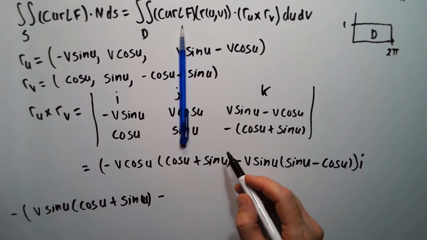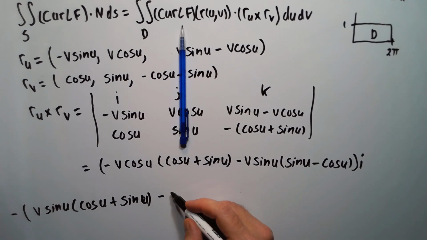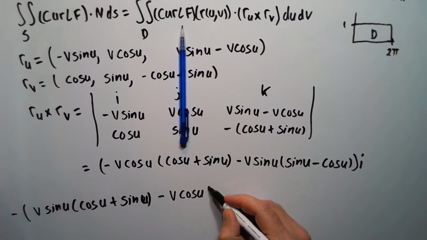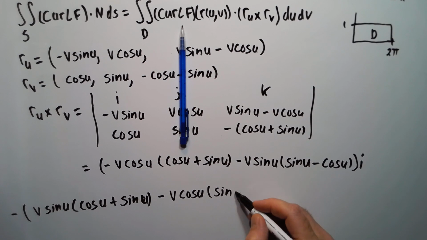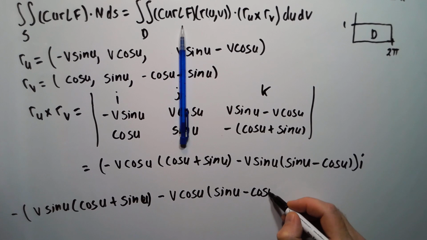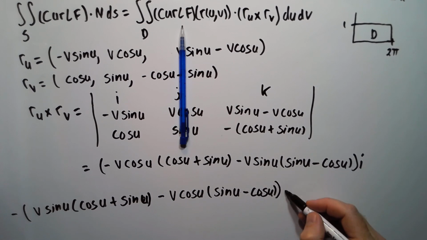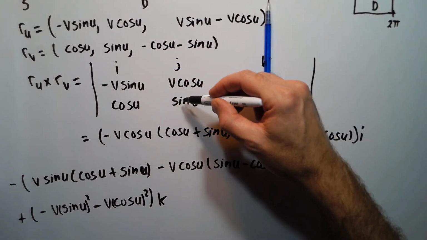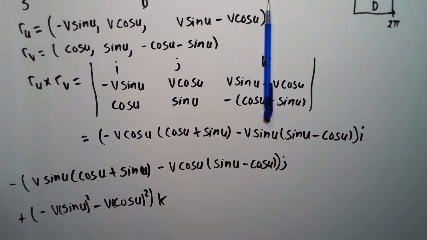The minus then, I'm going to pull a v out of this one too. I'll put it in front here, v cosine u times sine u minus cosine u. This will be all in the j direction. Okay, let's do the k one now. So doing the k one, this times that, have here, this times that, have here, you can check.